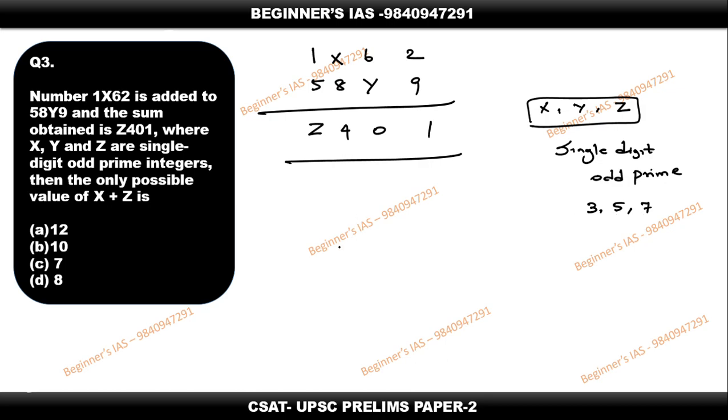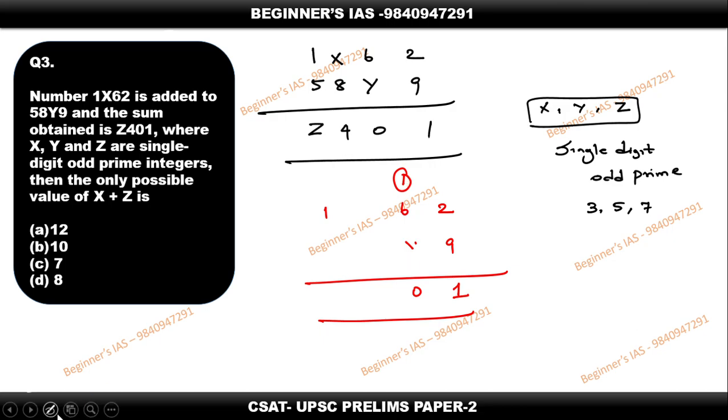Now we have to check the possible things. How to check? Listen carefully. This is 2, this is 9. I am adding, and the resultant is given as 1. Surely it carries 1 here. Then y and 6, the resultant is 0 here. Therefore 6 plus 1 is 7.